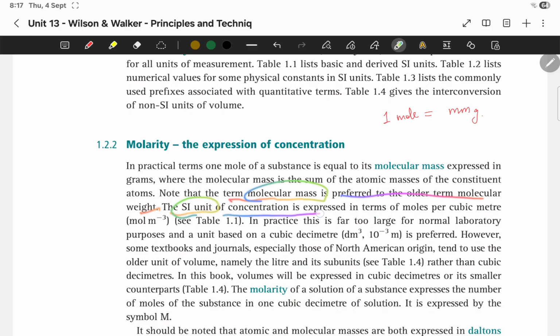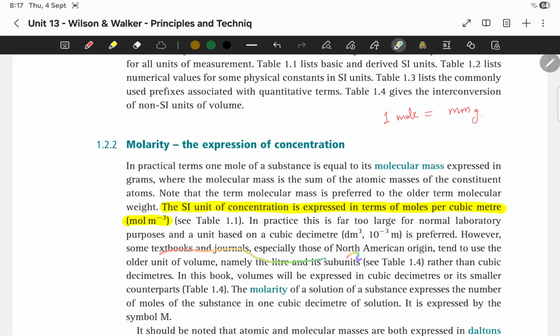The SI unit of concentration is expressed in terms of moles per cubic meter. In practice, this is far too large for a normal laboratory. Of course, we cannot use cubic meters, and so we base it on cubic decimeters. Okay, so we'll be using this as preferred.